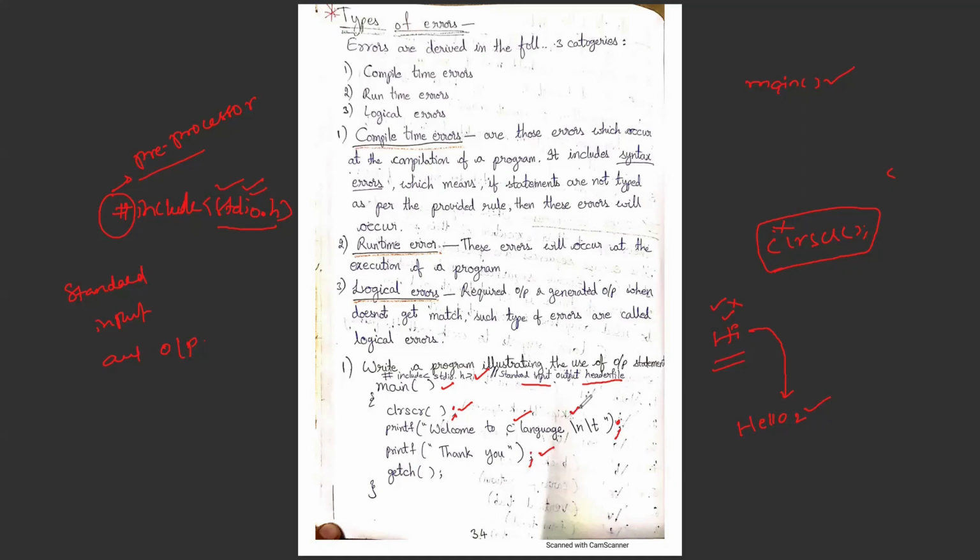Backslash n stands for next line. Program execution starts from main. First it prints welcome to C language, then backslash n brings the cursor to the next line, and backslash t gives a tab space, after which it prints thank you.